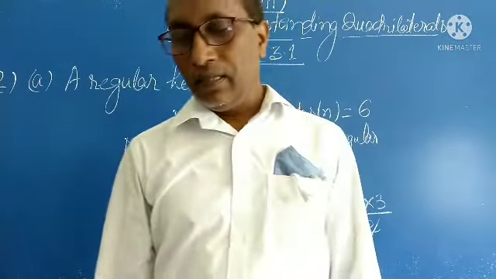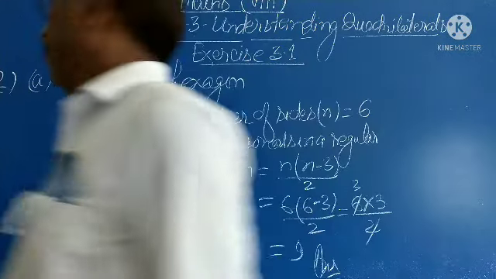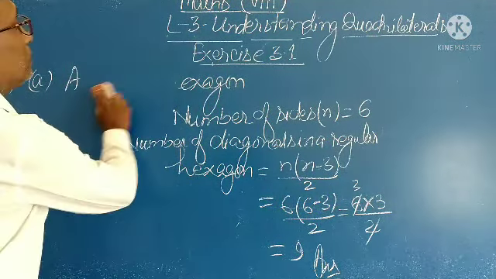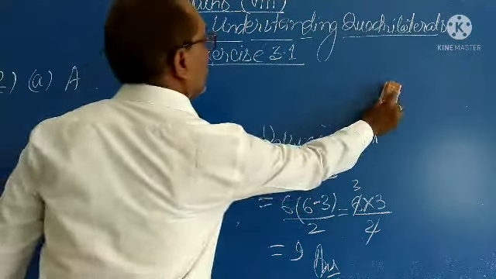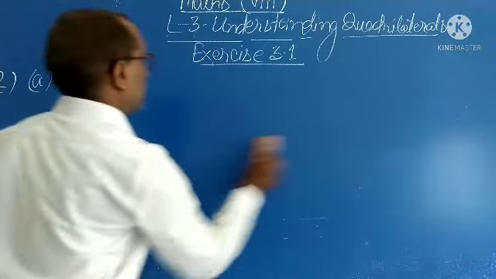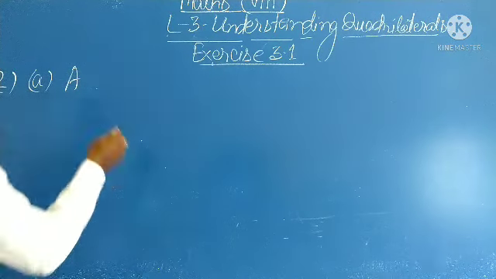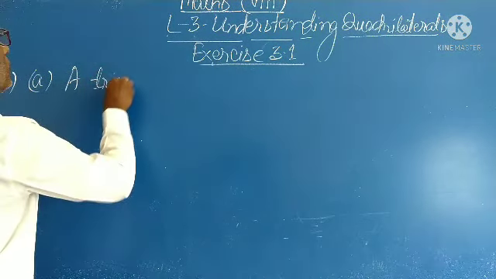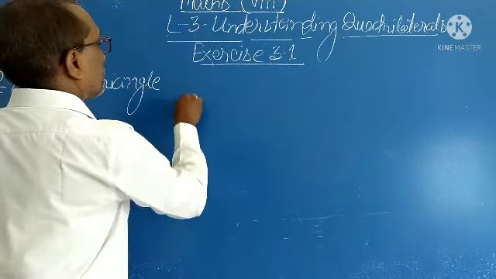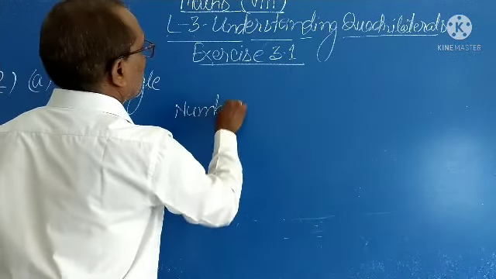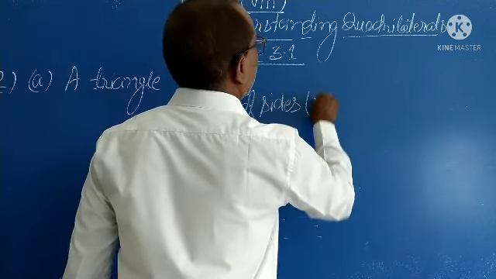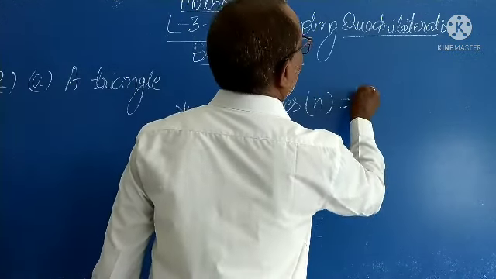And C, a triangle. C is a triangle. Number of sides, n is equal to 3.